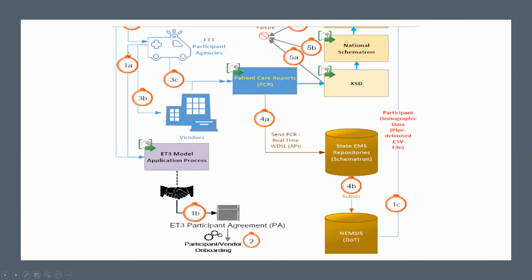So that's what this data here that flows in, and it goes into a process where that information is evaluated by the model team, and ultimately, if successful, as depicted with the handshake here, the approval is given, and that company entity is provided a participant agreement. And in there are all the terms and conditions of being a part of the ET3 model. So 1A, 1B is really the flow of that information.